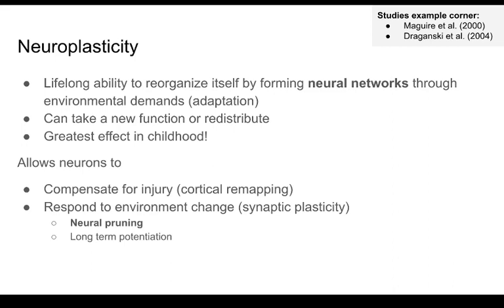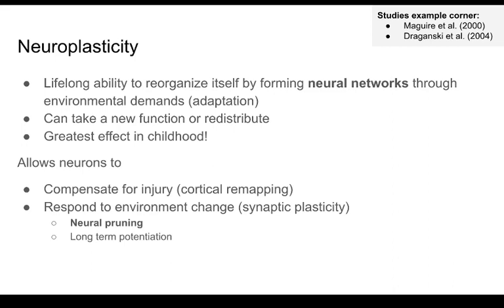So let's say you suffer a loss of your ability to see because something happened in the back of your brain, then your brain is going to do cortical remapping, which is basically finding out how to use your other senses to be able to navigate around life. So they're not necessarily going to create a new function to let you see, but they're going to use your existing functions and develop them to make sure that you're able to adapt to life.